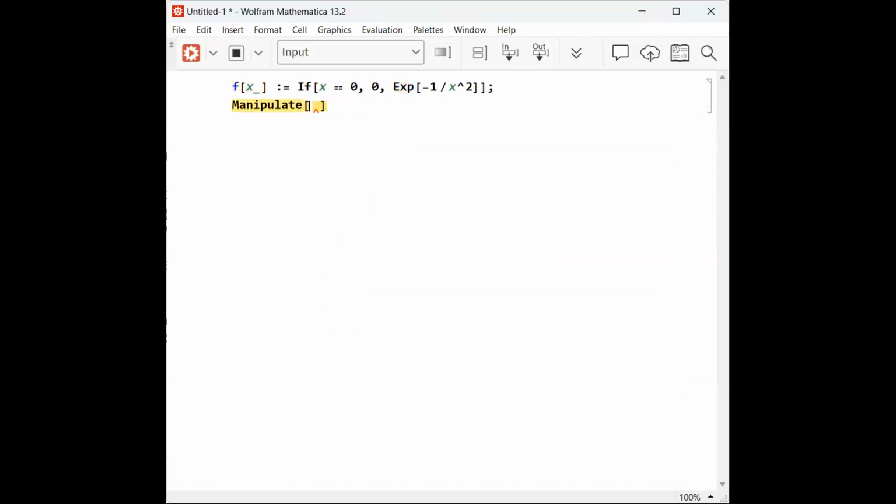Then I'm going to plot f of x, with x going from minus c to c, and c going from 1 to 0.001. That's going to allow me to zoom in.